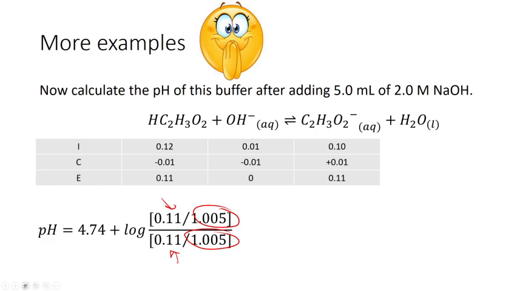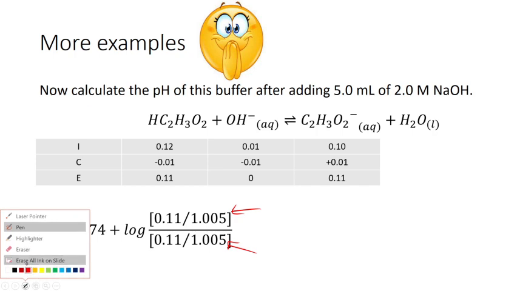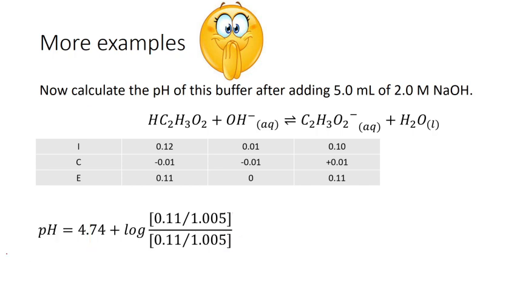And I think probably some of you are out there saying, but why are we even worried about that? Because our numerator and our denominator are the same. And in this case, you're correct. They are the same. So in a second, we're going to ignore all this stuff that I've been talking about. But for right now, I'm going to say it one more time. You have to account for the change in volume when you calculate the pH of your buffer system after you have added a base or acid to it.